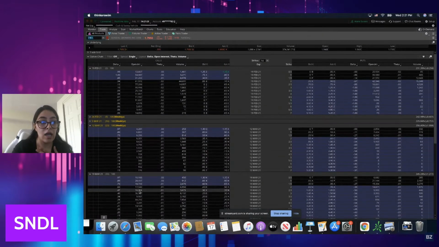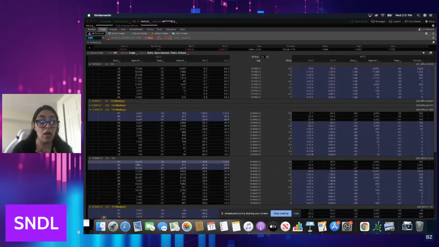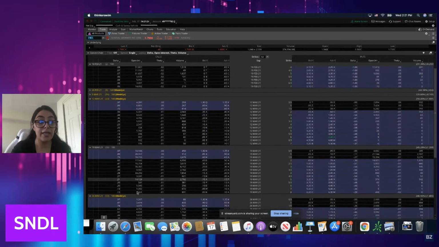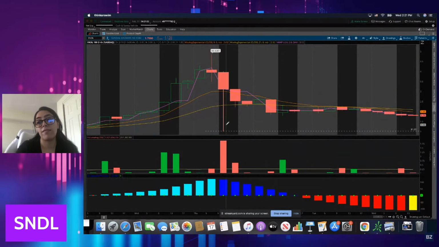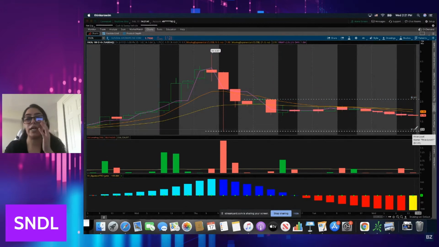You can see even into March there's some high open interest. So like I said, if you are going to play options on a stock like this, you want to buy further out expiration because of the IV. But it does have a wick fill to the downside. So if you're looking to buy calls, I would wait until it's able to break probably $2 or $2.50 for an upside play, and for the downside play, if it's able to bounce off of that dollar range.